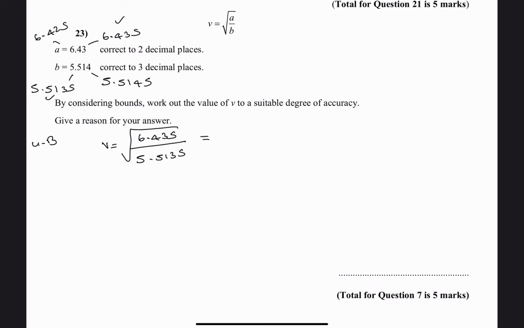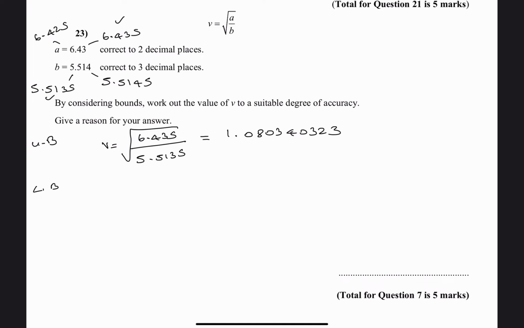So always put the square root, remember, bracket 6.435, 5.5135. What does that give you? 1.080340323, something like that.